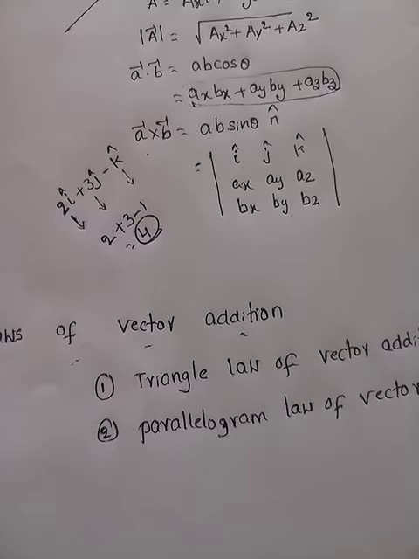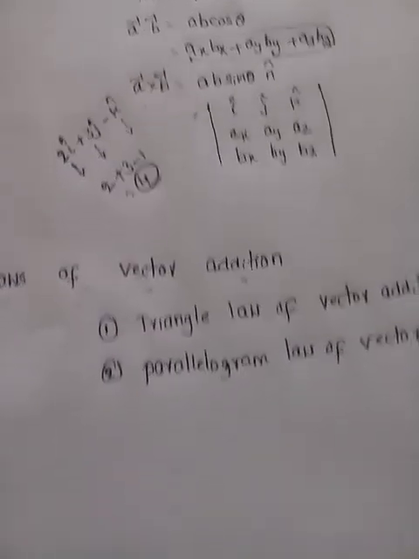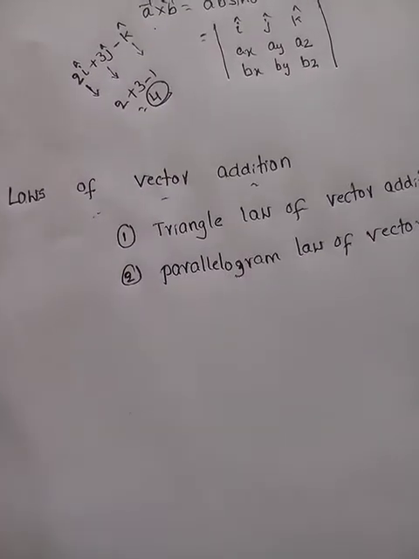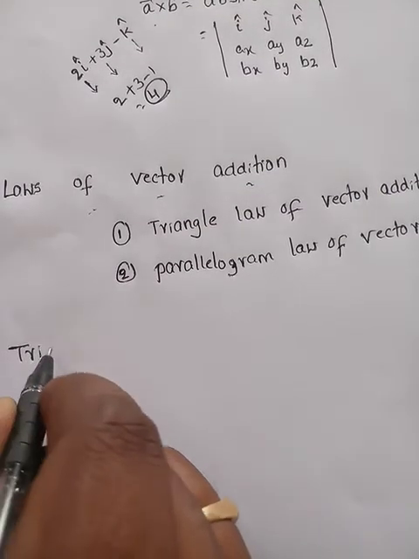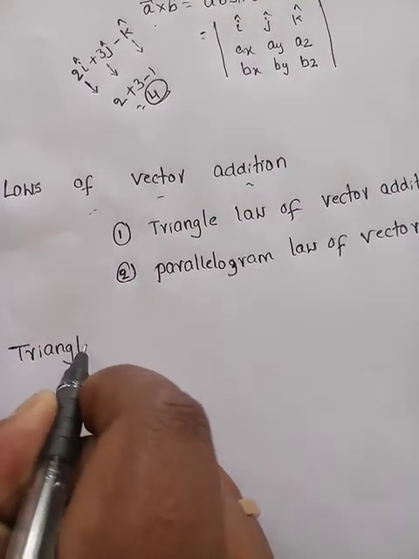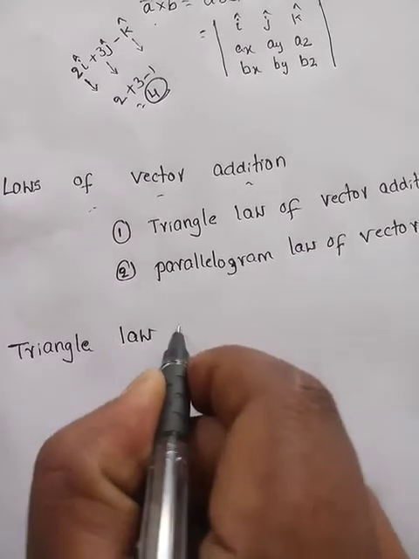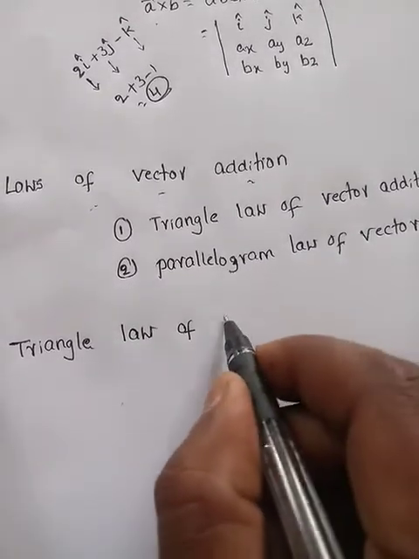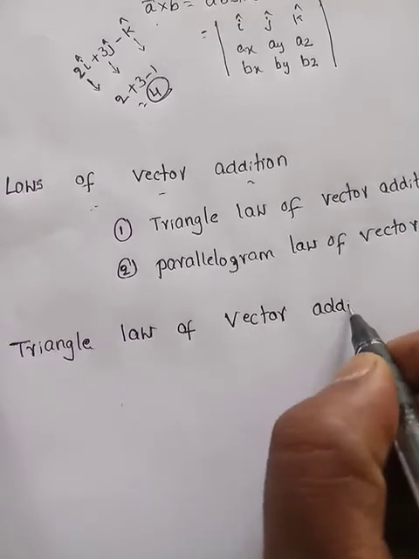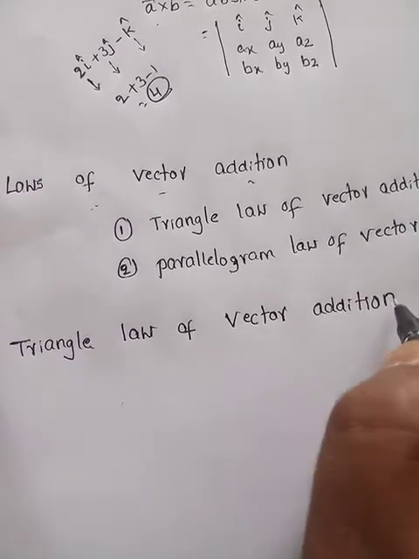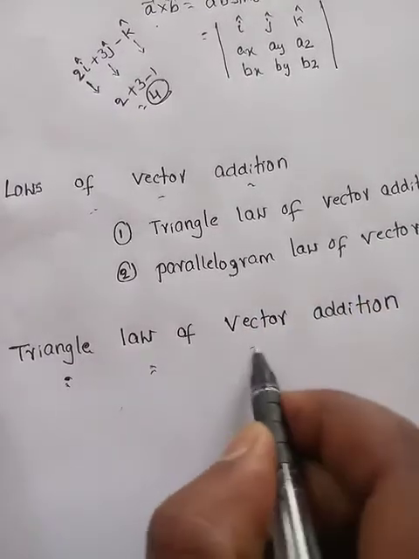Those are called what? Laws of vector addition. So, first we are going to discuss triangle law of vector addition. Let us see what it explains, how we can get the resultant of 2 vectors by using the triangle law of vector addition.